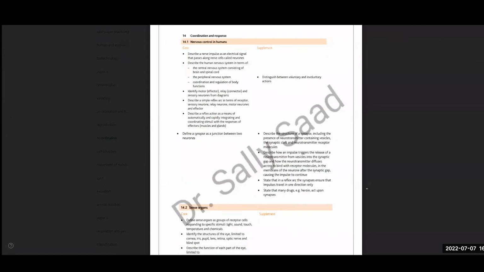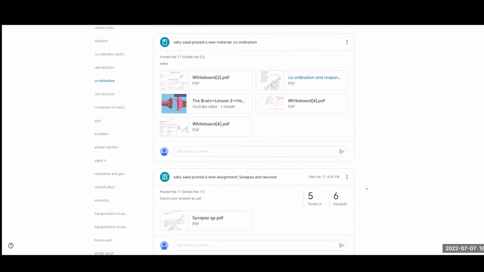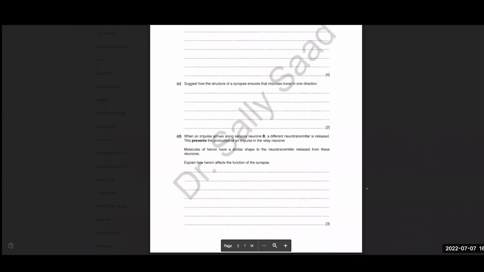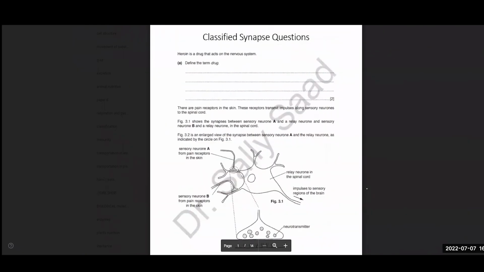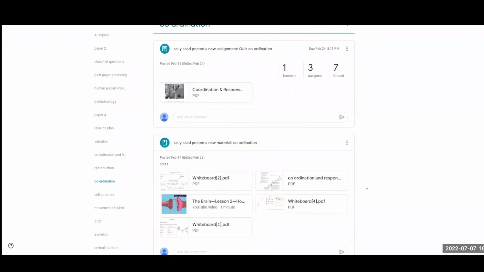What else is found there? Here, for example, a topic classified question for the synapse, only for the synapse because I explained it today. This is the sample of the material.